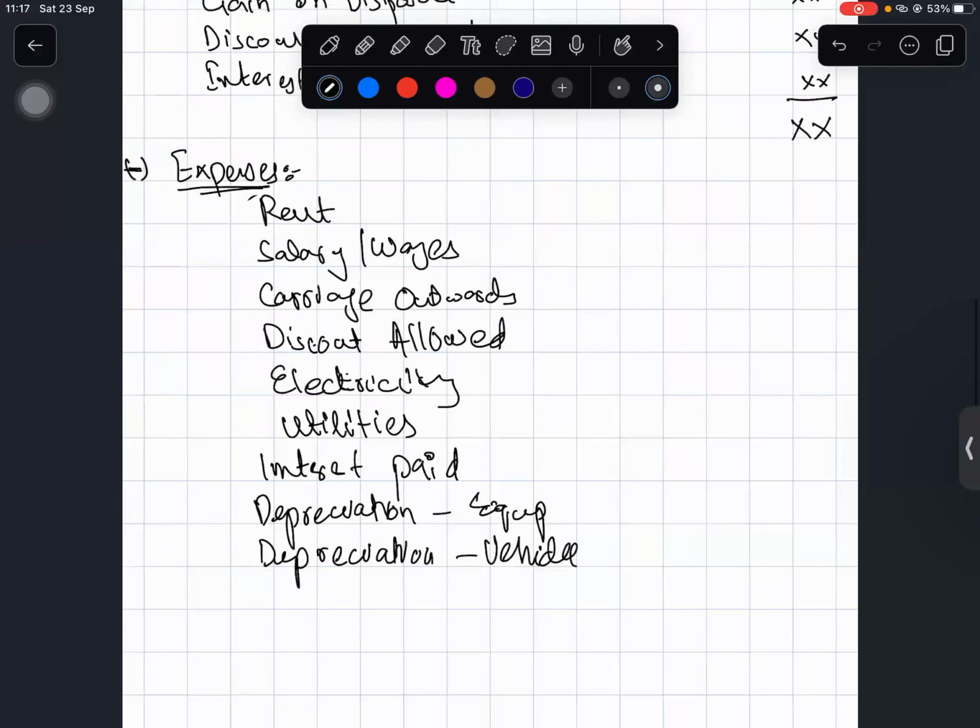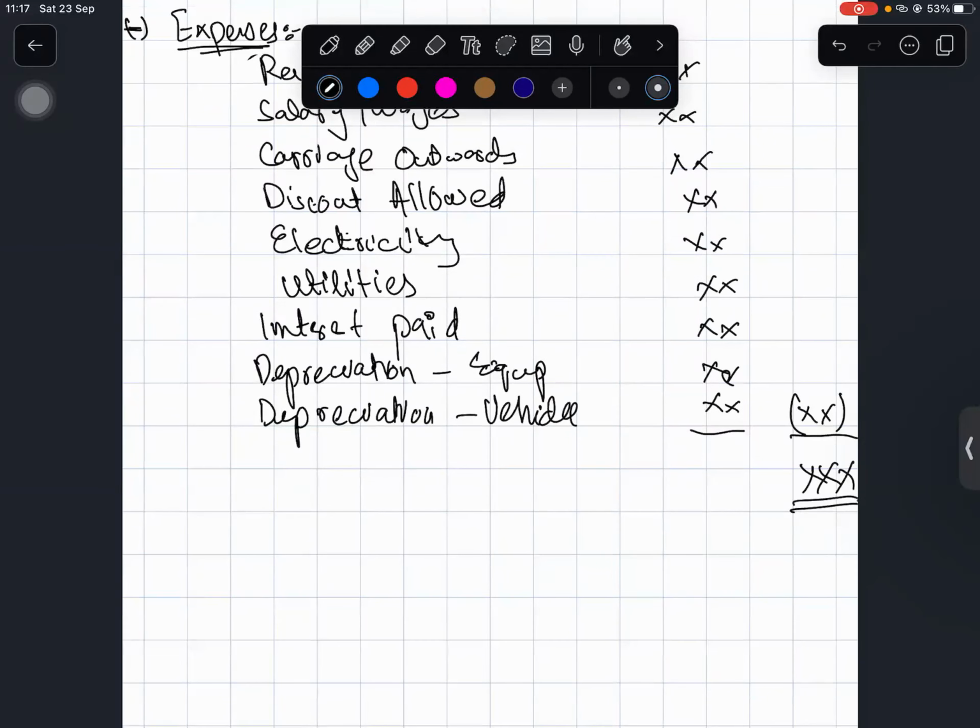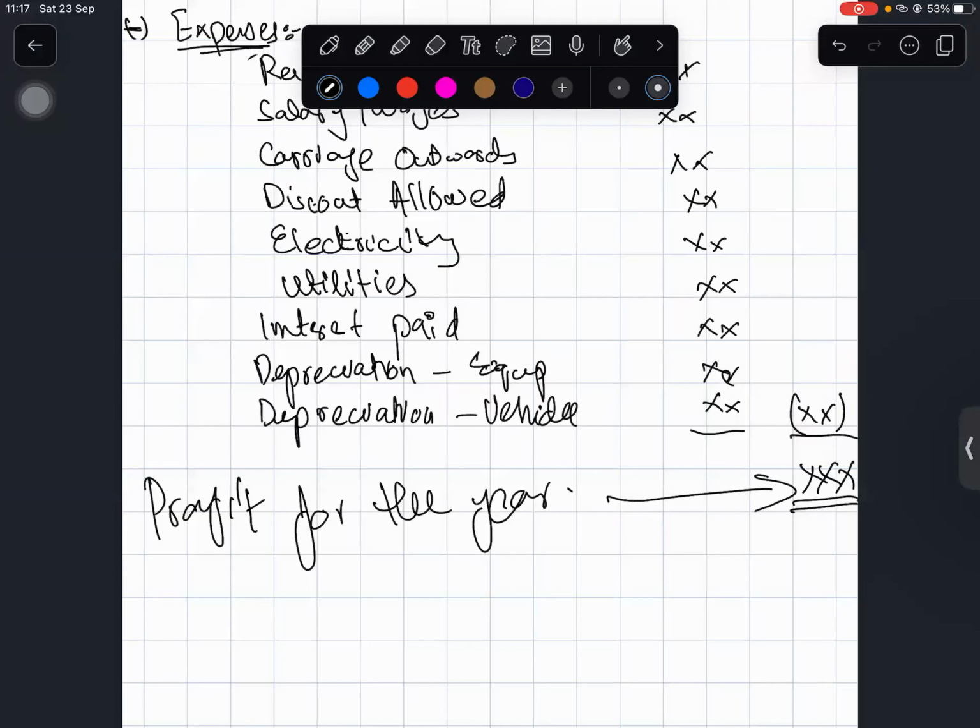So all of these expenses you write in the second column. You add them up and you subtract them from your gross profit plus other incomes. The figure that you arrive at is called your profit for the year. This figure. This is what an income statement is.